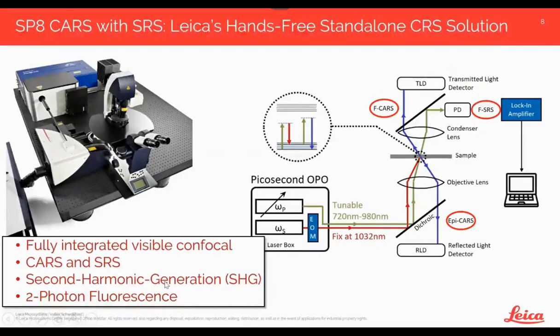And in addition, we can record signals such as second-harmonic generation signals or 2-photon fluorescence with this instrument. So you really have an entire range of modalities available here that allow you to generate multimodal images of your sample and therefore maximize the information content that you can gain from your sample.